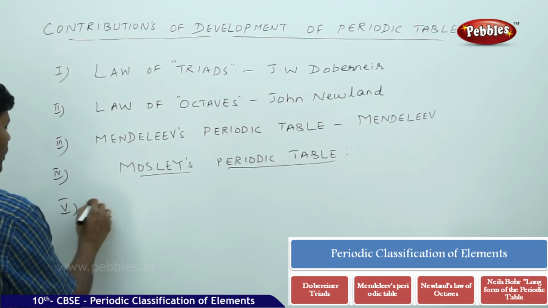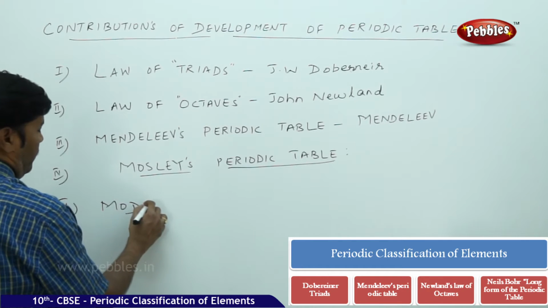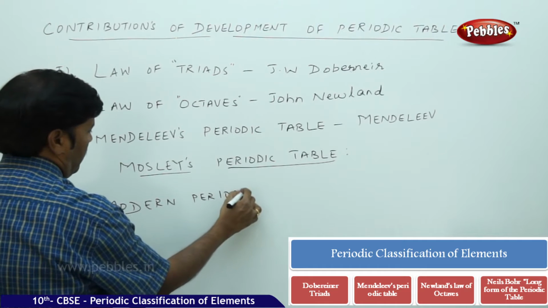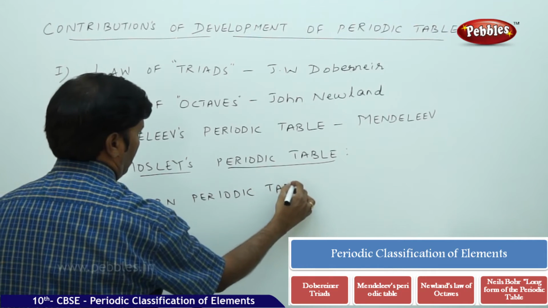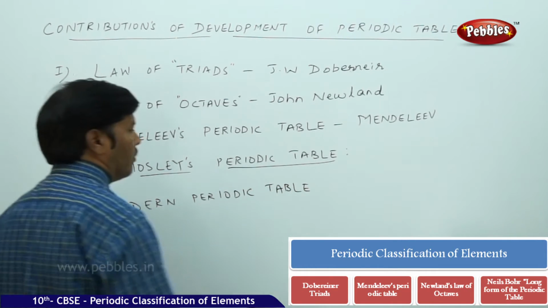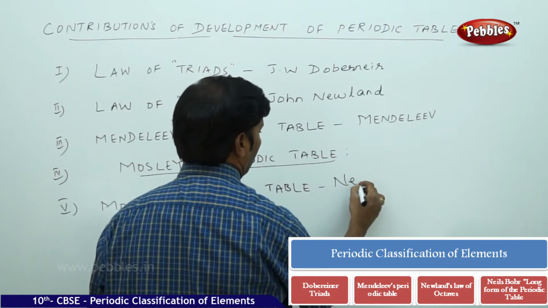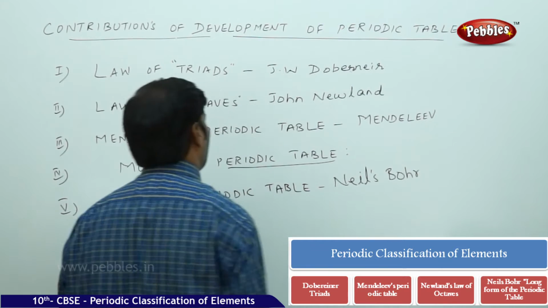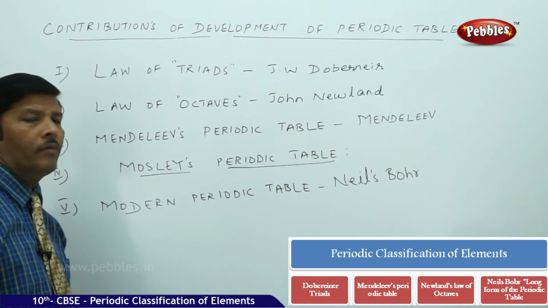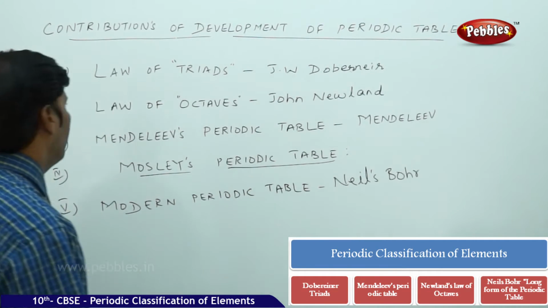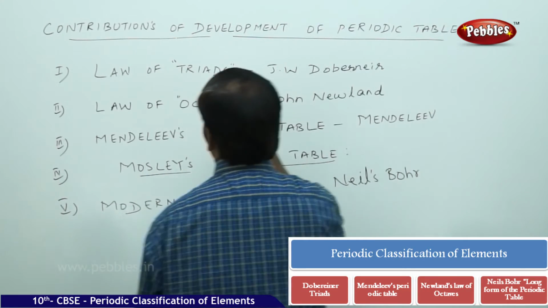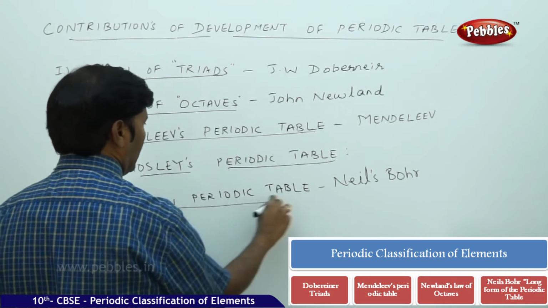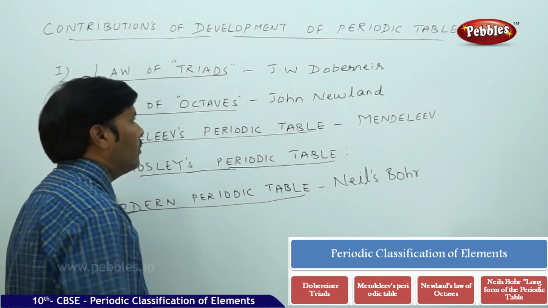Fifth one, modern periodic table, given by Niels Bohr. So all these are the various contributions for the development of periodic table: law of triads, law of octaves, Mendeleev's periodic table, Moseley's periodic table, and modern periodic table.